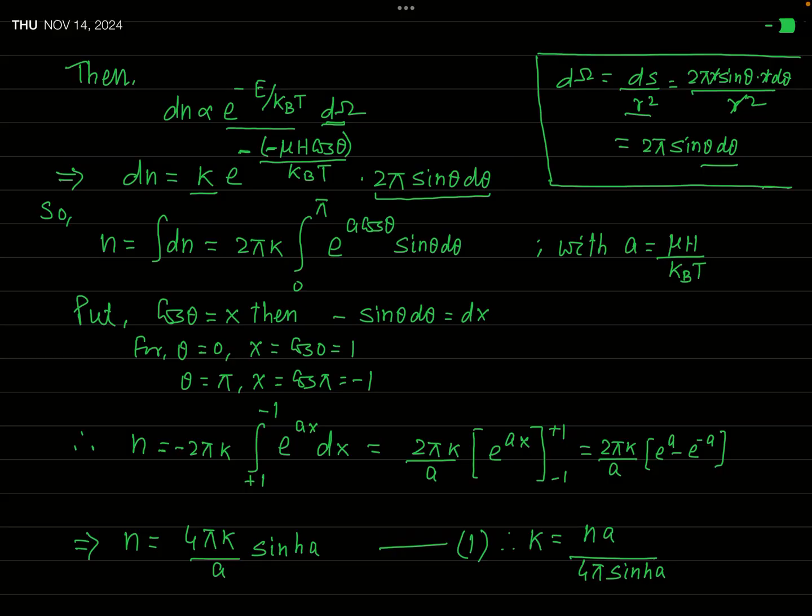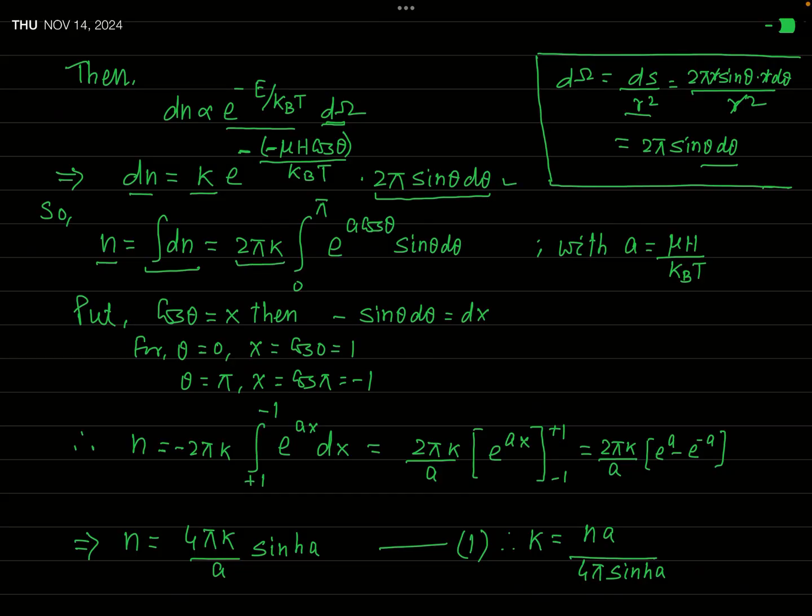Now you have actually found the value of the number of molecules or atoms of the paramagnetic gas in the solid angle d omega. Okay. So if your aim is to find the total number of atoms or molecules in that unit volume of a specimen, then that n will simply be equal to the integral of this dn. Okay, and we will integrate. The dn is defined here.